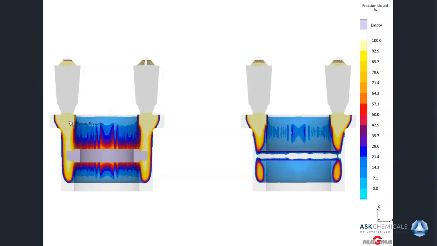And on the left-hand side, you can see the solidification with the padding, and you can see it behaves indeed like one piece here. Because of the core print, it's also a little bit directed in this section. But if you just look at the isotherm behavior, you can see this behaves more or less like a full casting here.